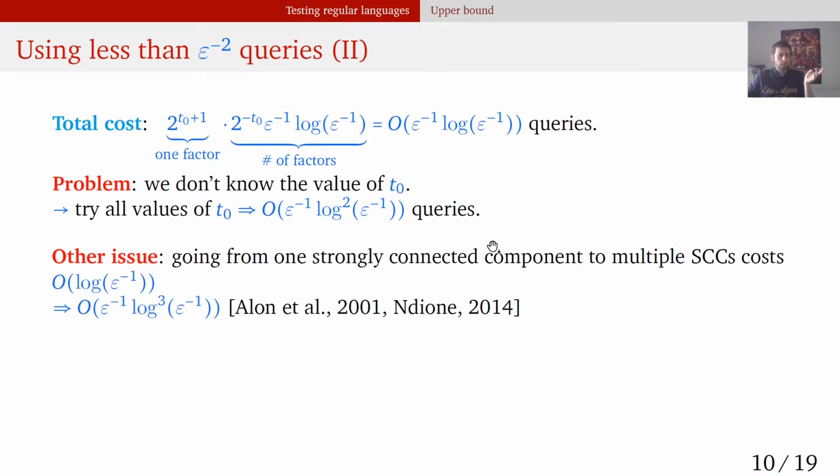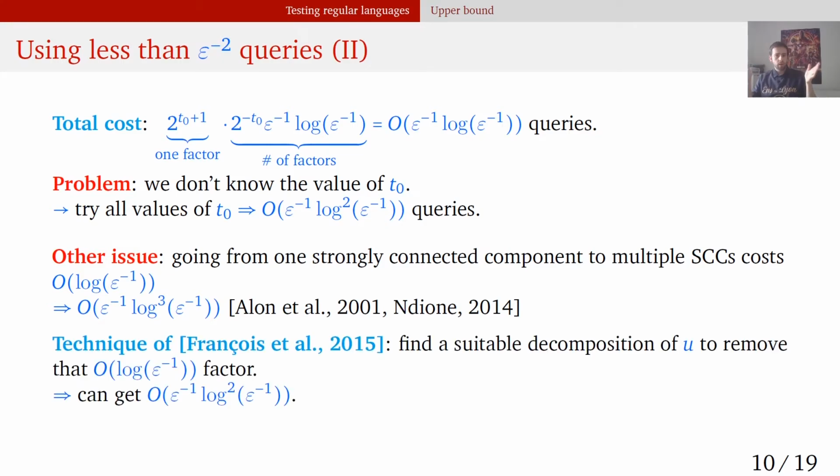There's another issue though, which is that at some point during the proof, we have to go from automata that have one strongly connected component to automata that have multiple strongly connected components. And so this costs a factor of log of 1 over epsilon. So in total, we get 1 over epsilon times log of 1 over epsilon to the 3. And this is basically the tester of Alon, Krivelevich et al.